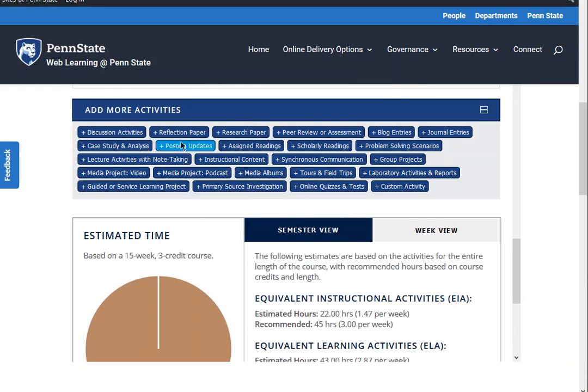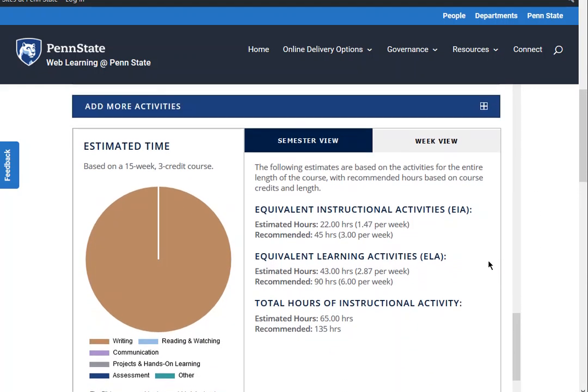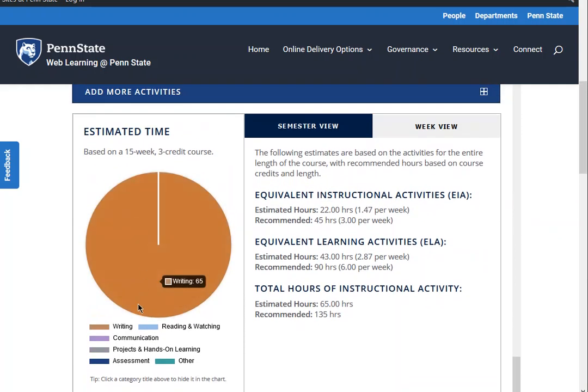Well, you can add more activities as well if something's not listed there. Then it comes down and it says, okay, I'm going to break it down for you. This is what you have inside your course. So again, I only entered writing assignments, so it's saying, oh, you have all writing. That's all you have in your course.